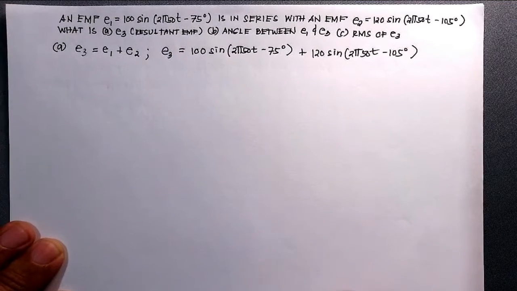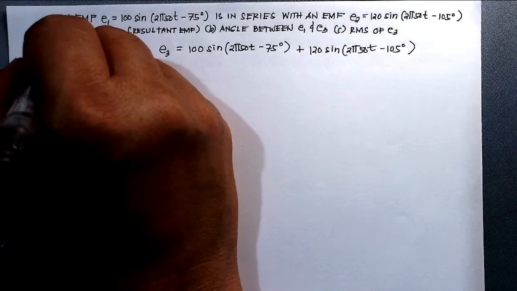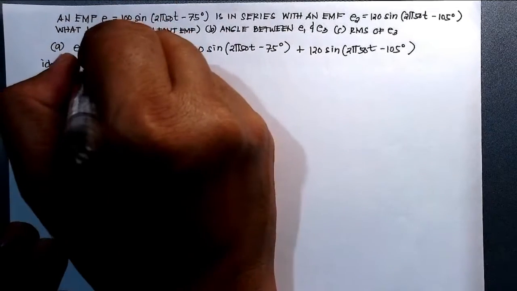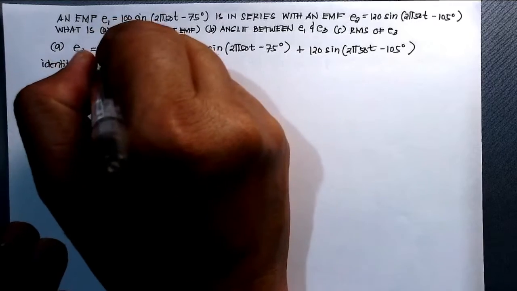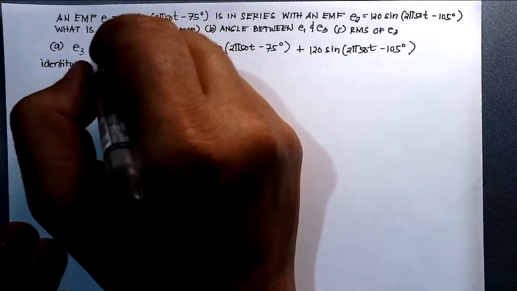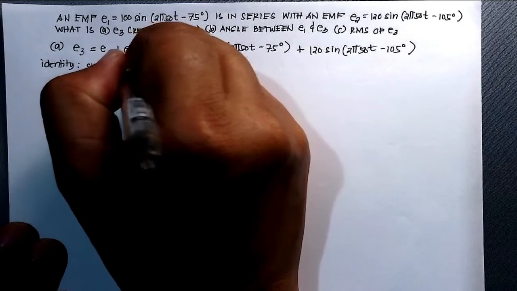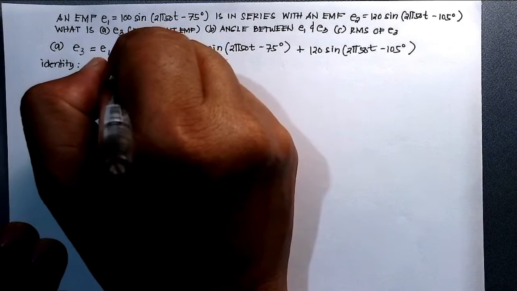Now we apply an identity. Let us remember that the sine of two angles, A and B, can either be added or subtracted.